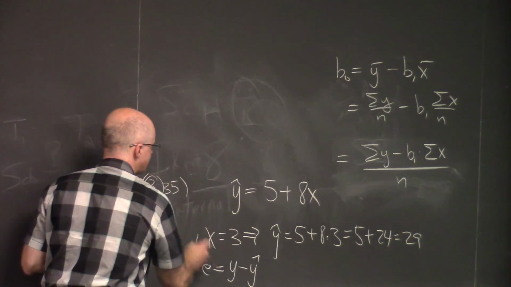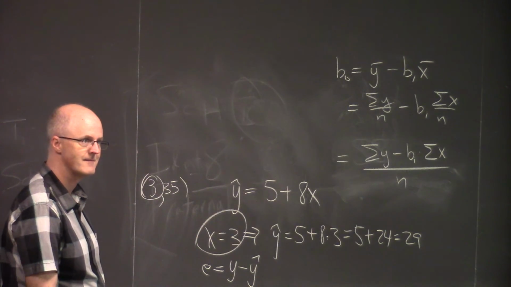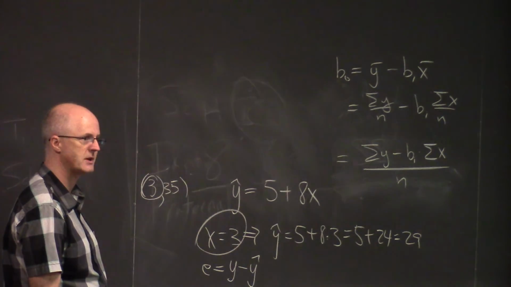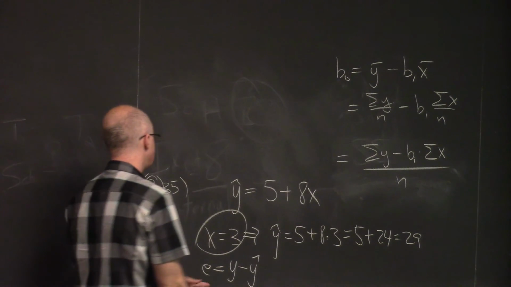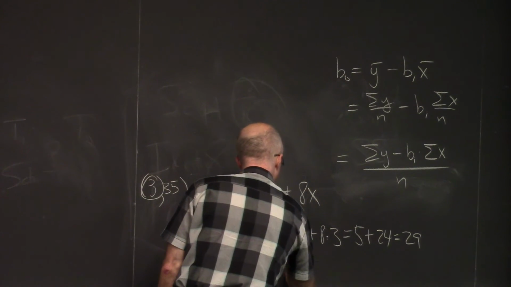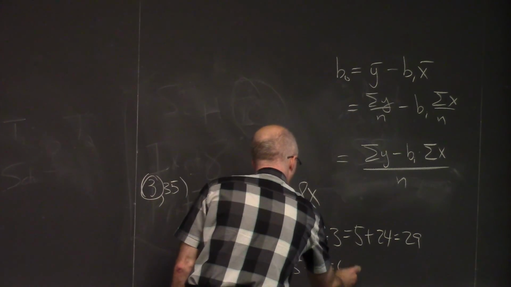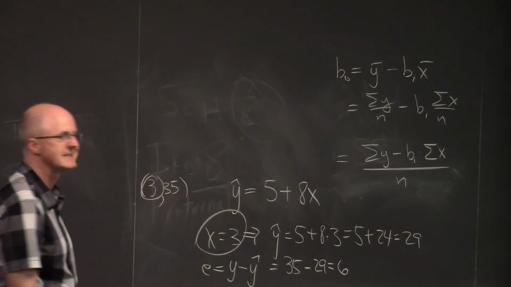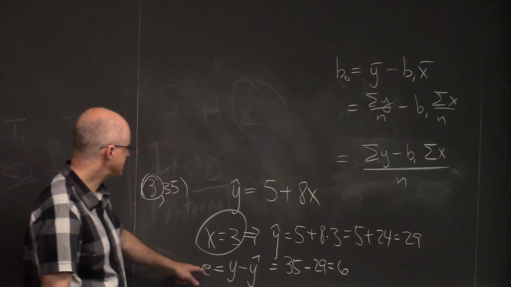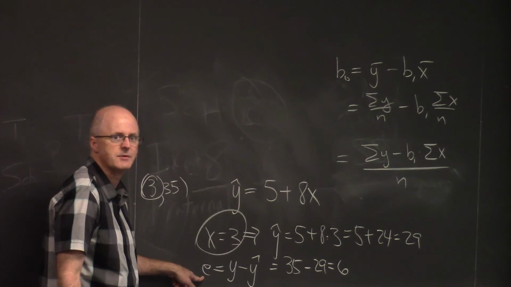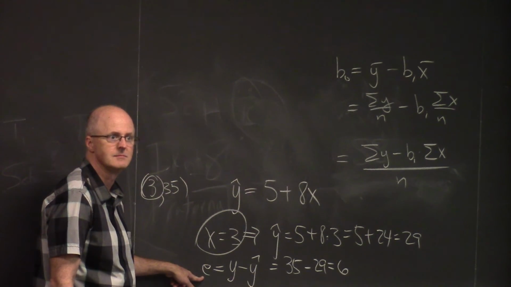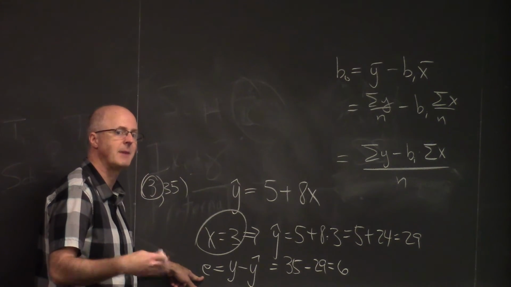These 3's need to match here. That same value of x, what's the prediction error or residual? Do y minus y hat. The data value is 35. The predicted value is 29. The residual is 6 in this case. By the way, it's called e because e stands for error. We do think of this as a prediction error as well. Residual and prediction error are basically synonymous.